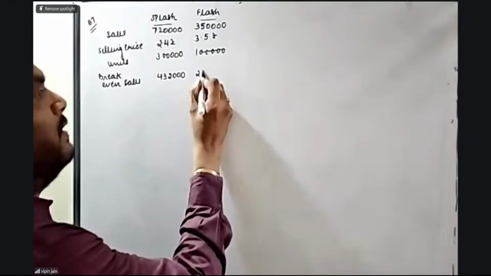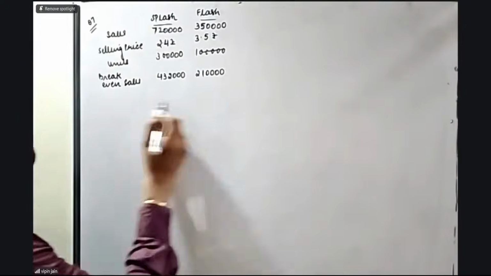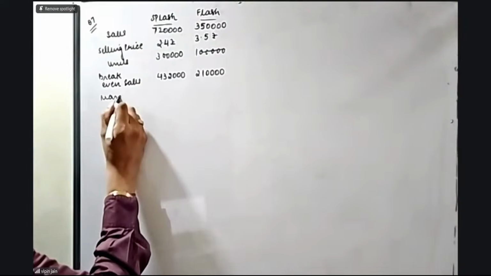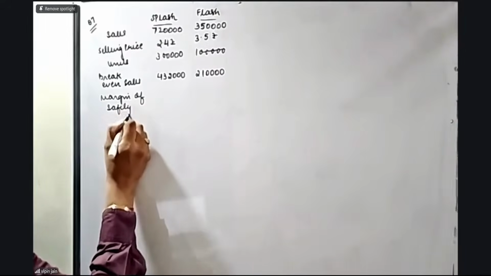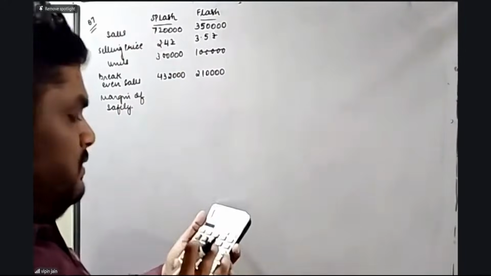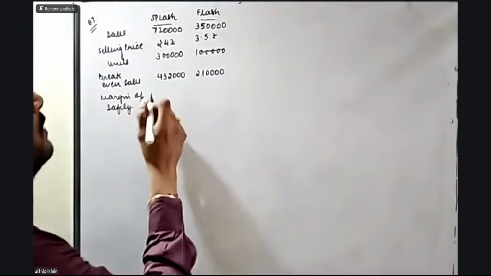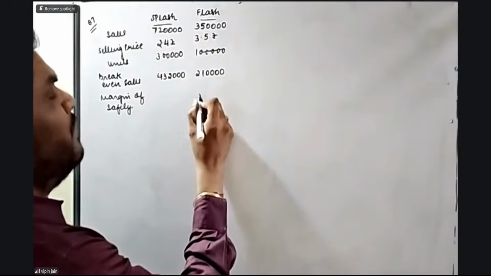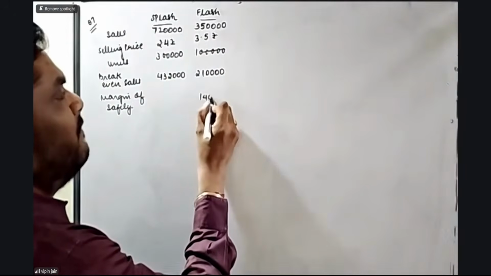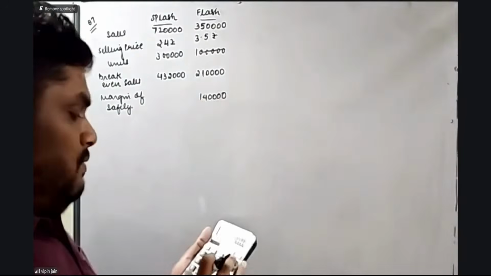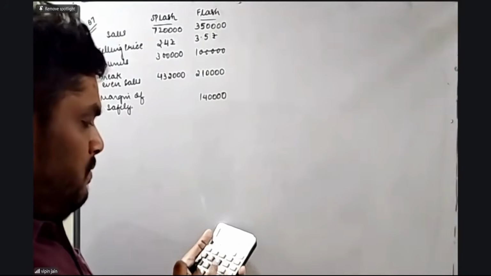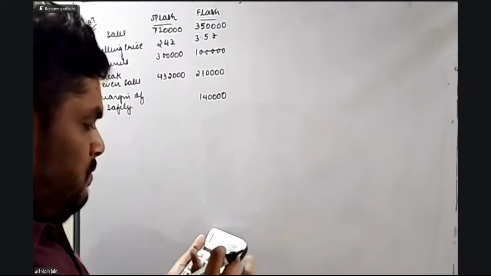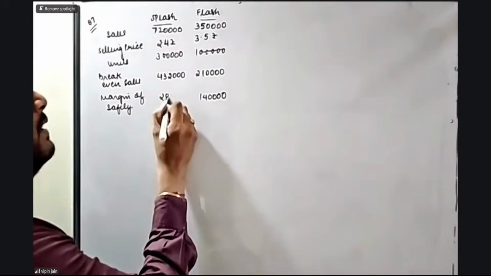This will be 2 lakh 10,000. Margin of safety we can easily calculate now. 720 minus 432 and 210 minus 350. So this will be 1,40,000. This will be 2,88,000.